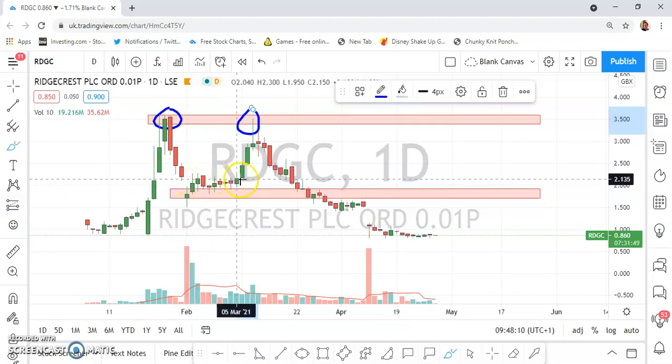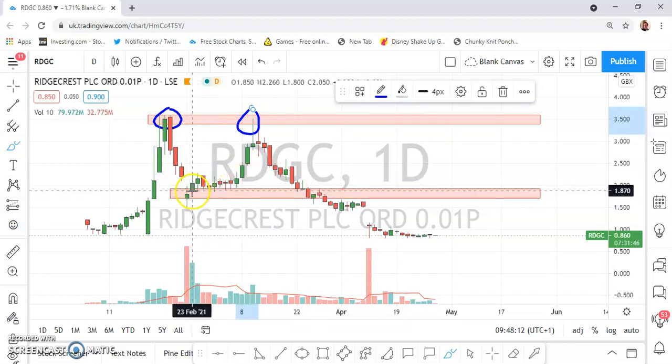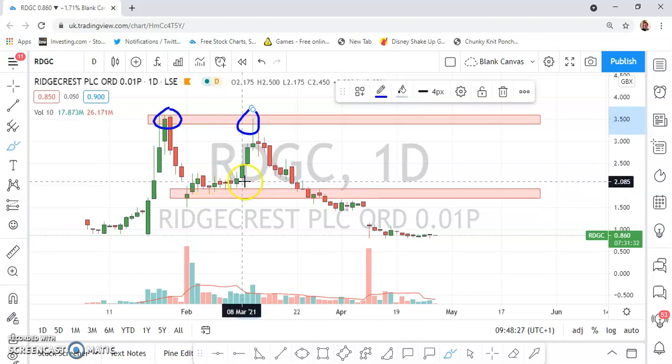You see it took a bit of time to get going, out of three white soldiers, which is a bullish trading signal. Then it retracted back to retest the support line, and then we had some tight prices here where it closed at very, very similar levels, and that's normally a key sign that price is going to either be driven up or down as a consequence of those tight closes.